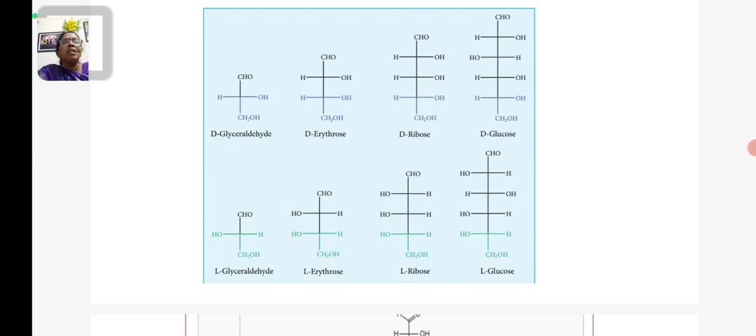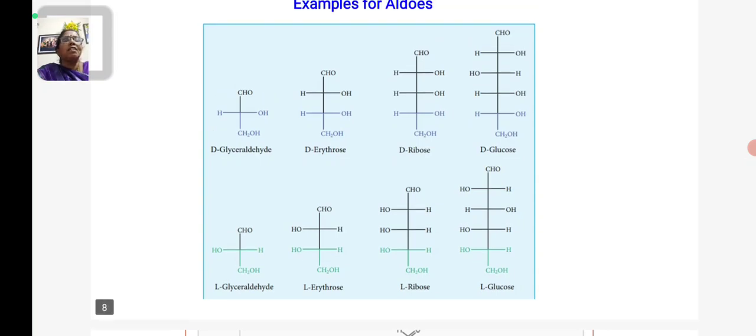For the L isomer, we have to look at the chiral carbon farthest from the carbonyl group. By looking at that configuration, we give the nomenclature of whether it is a D isomer or an L isomer. Similarly for pentoses, one of the examples is D-ribose and L-ribose, just the mirror image.